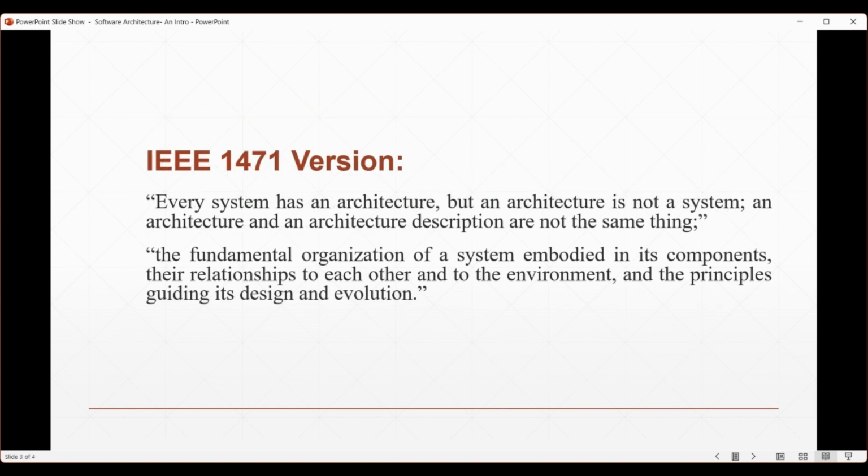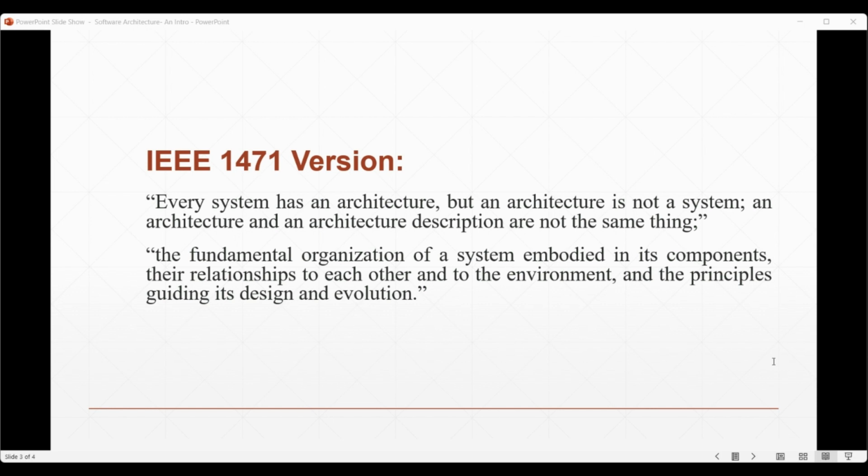And then we have the classic IEEE 1471 version of this definition that says every system has an architecture, but an architecture is not a system. An architecture and an architecture description are not the same thing.